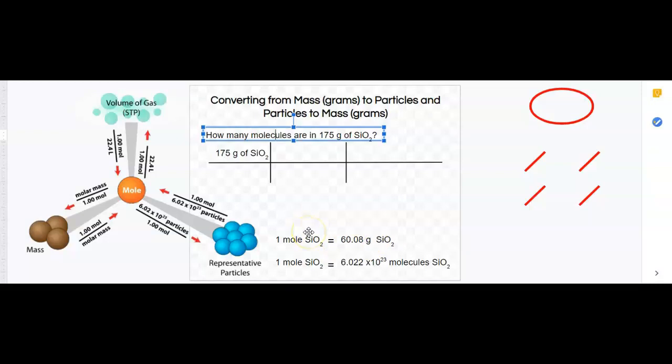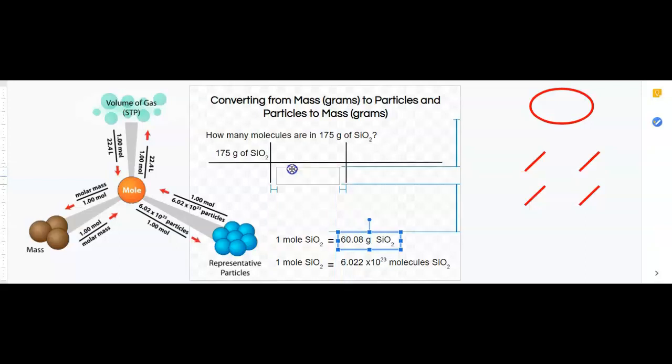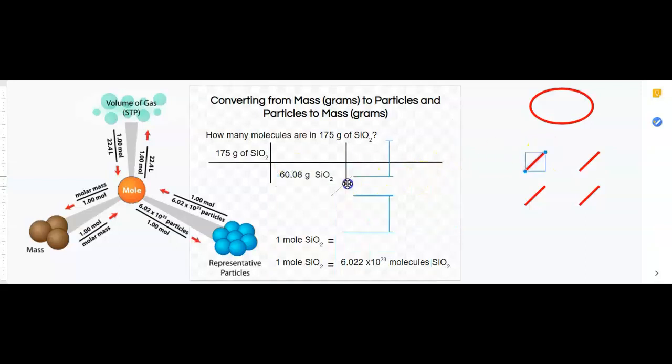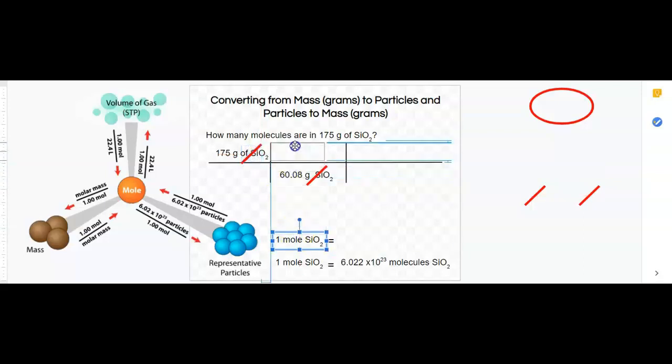moles of silicon dioxide. So I'm going to put this in the bottom because my grams will cancel grams. Grams of silicon dioxide cancel grams of silicon dioxide. And that has converted to the mole.